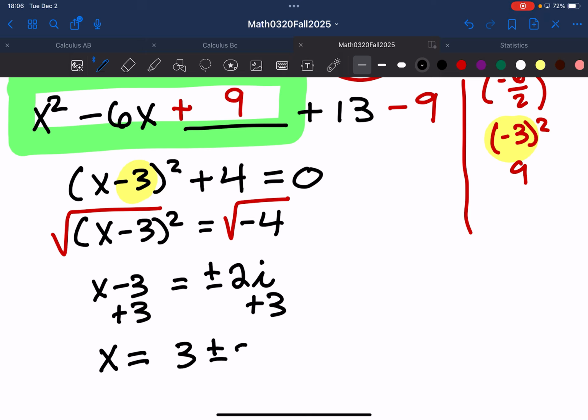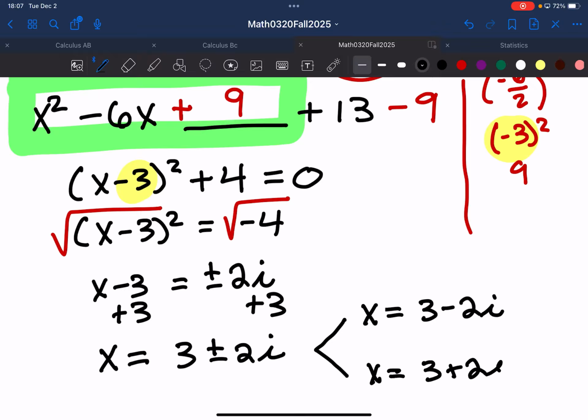Good, 3 plus or minus 2i, which we could simplify into two answers. Instead of writing plus or minus, we're going to give one a plus and one a minus. So x equals 3 minus 2i, and x equals 3 plus 2i.